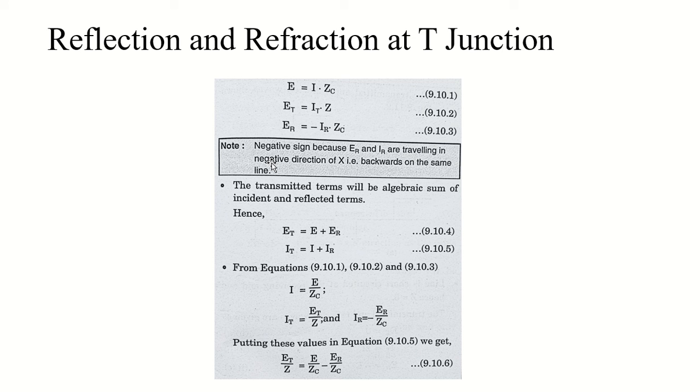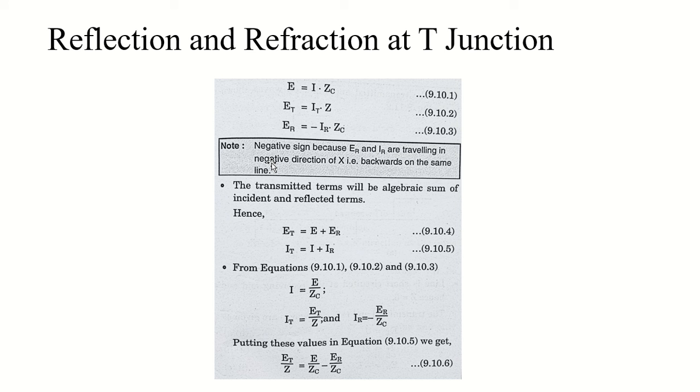So basically the transmitted voltage or transmitted potential will be the sum of my incident and my reflected potential, which means ET will be equal to E plus ER. In the same way I can say for the current, that the transmitted current or the refracted current will be the sum of reflected current and incident current.